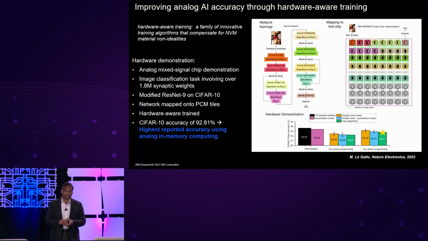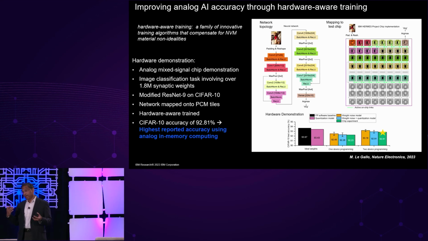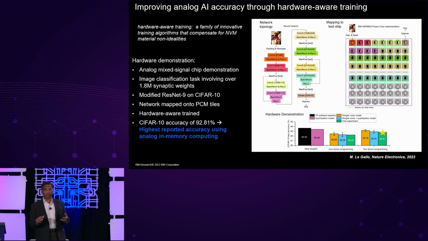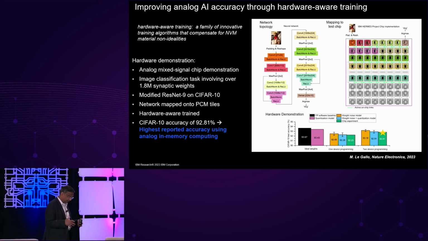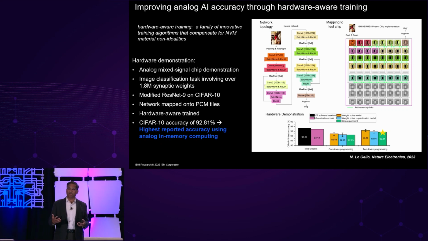On the left-hand side, this is an analog mixed-signal chip demonstration, because again, the world is digital. So as we are developing this analog AI technology, we need to figure out how to combine digital and analog, so that we can communicate with the rest of the world but still enjoy the benefit of analog AI technology.